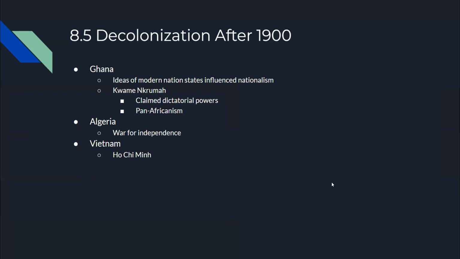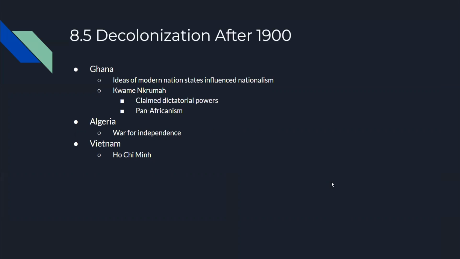Along with that, you have decolonization in Ghana, where basically ideas of modern nation states influence nationalism. And you have this guy named Kwame Nkrumah, who took office in 1960. And he basically constructed a national narrative that centered on having a historical past of glory and rich tradition, founding fathers, a currency, a flag, an anthem, museums, and monuments.